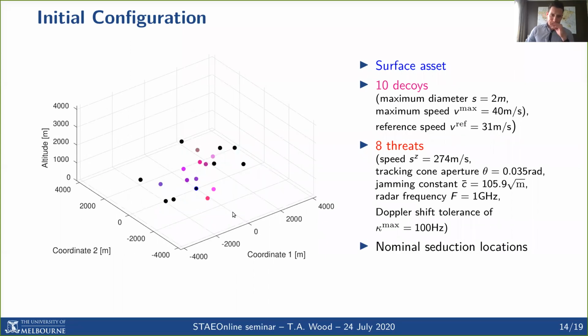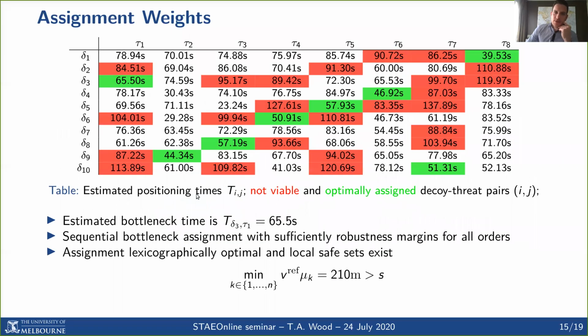And if we zoom in, we see the colored dots are the decoys, and the black dots are the nominal seduction locations we had started off with. With these locations and initial starting points, we can define assignment weights that are proportional to the distance of the positions to these locations.